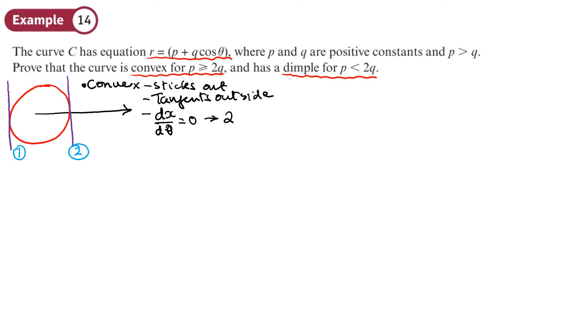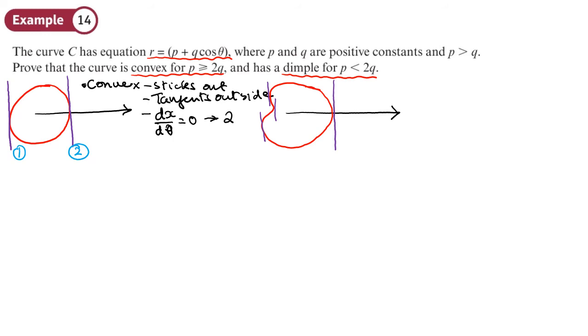Right, now what if the graph has a dimple? Let's draw one with a dimple, like this. If it has a dimple, we're going to do the same thing again, and we'll look at these dx d theta equals 0. So there's one here, one here, one here, but there's one inside.